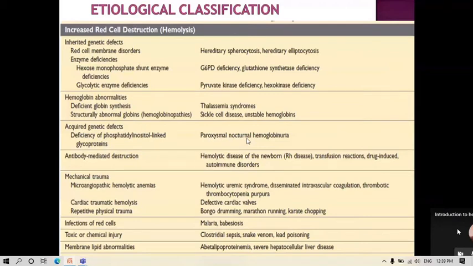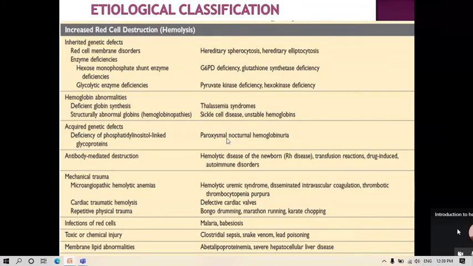PNH is a condition in which those GPI linked proteins are not there, so the complement proteins which are normally present in our plasma, which normally cannot destroy our cells, as soon as CD55, CD59 are not there, destroy them through this complement pathway, and there will be hemolysis.